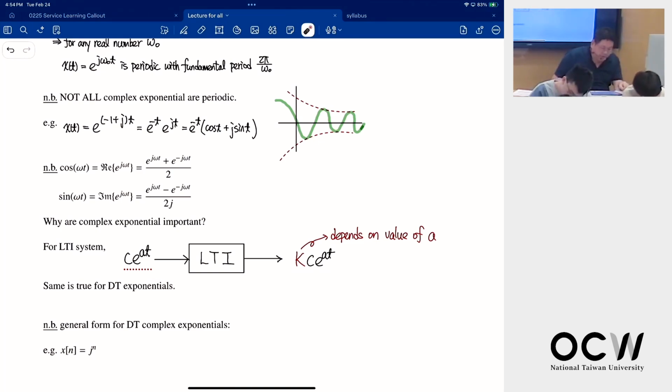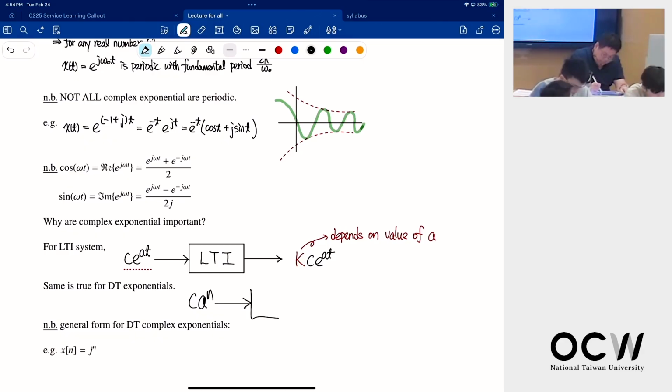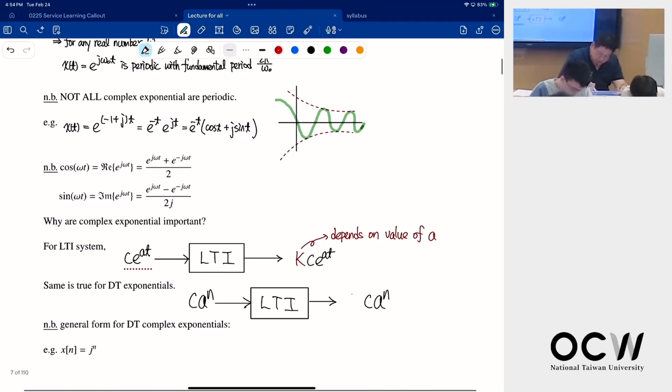Similarly, for the discrete time exponentials, if we have the input c times a to the n, then we send it to the LTI system, you still get c times a to the n, but now as you scale it, we have a k here.